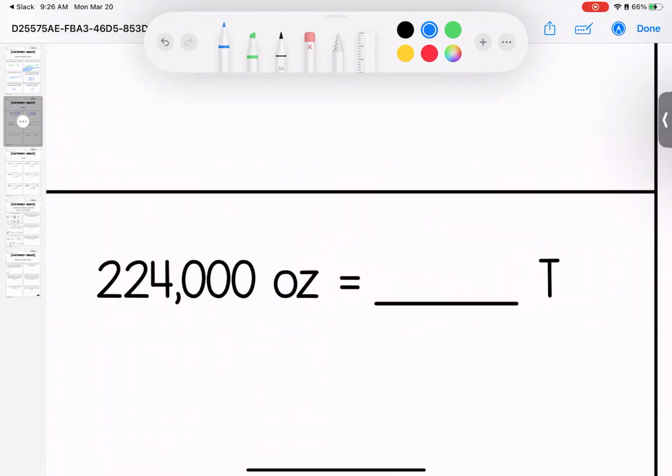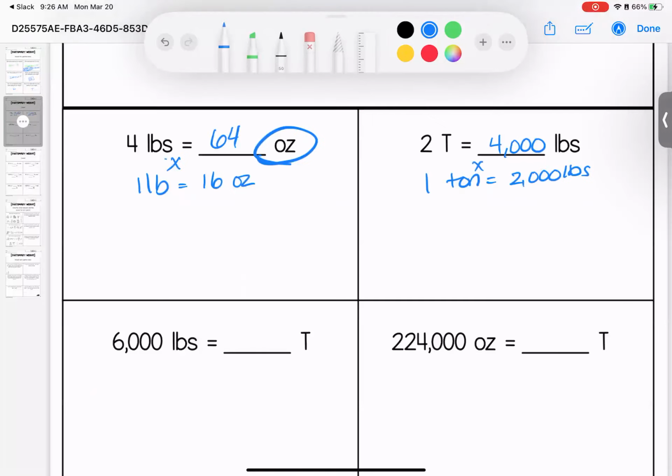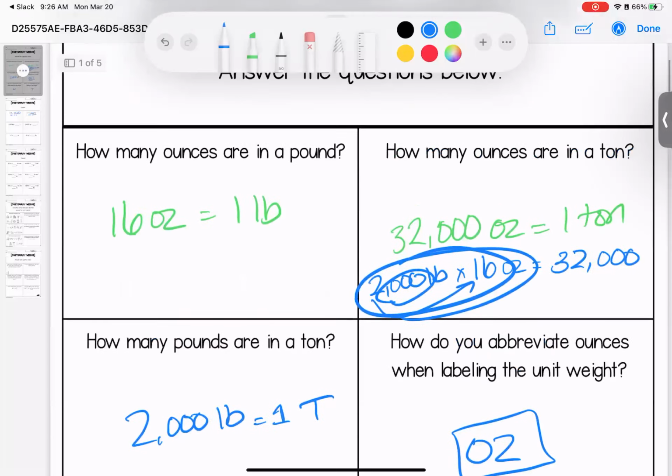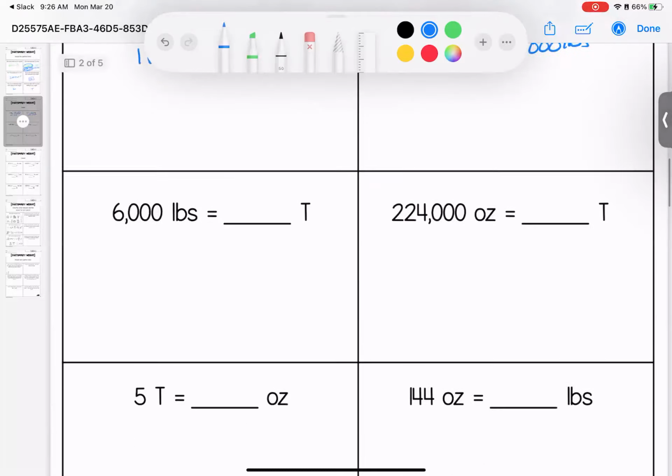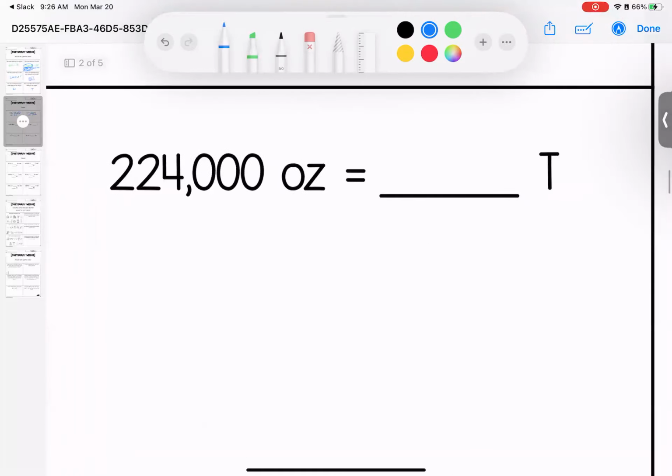Ounces into tons. I have two options with this. I can do ounces to pounds and pounds to tons, or I can go right back here where I gave myself this fact, and I know that I have to divide this by 32,000.